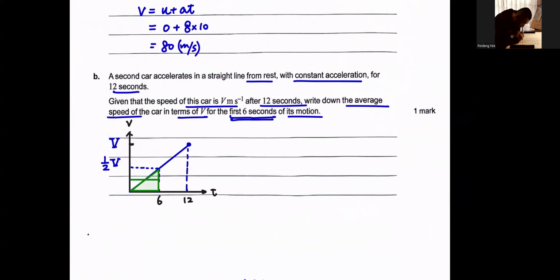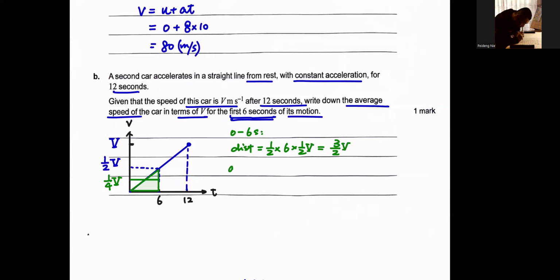The area under the triangle, from 0 to 6 seconds, the distance equals half times 6 times half V, so it's going to be 3 over 2 V.